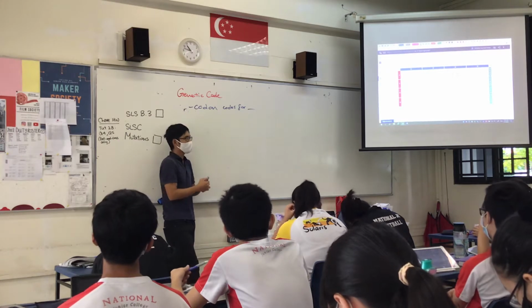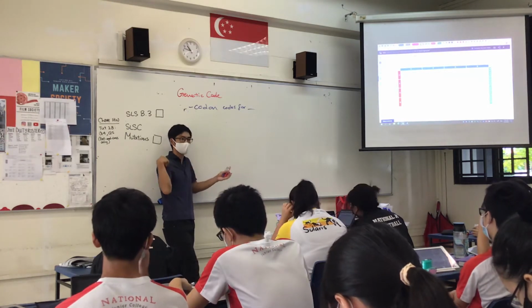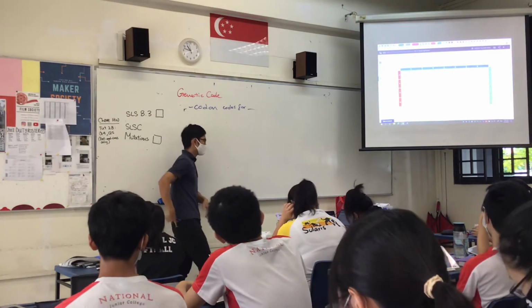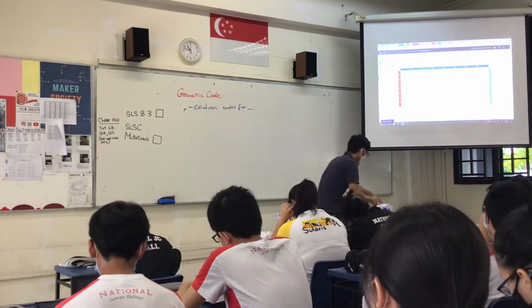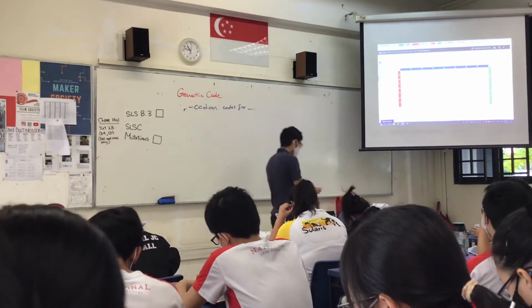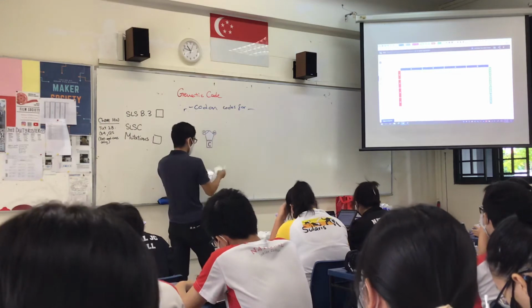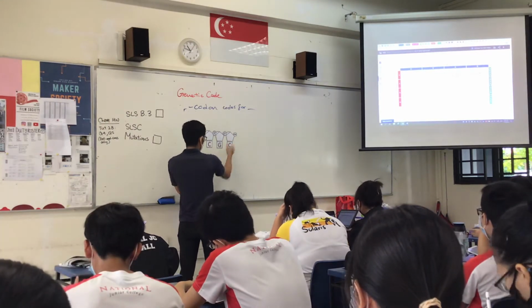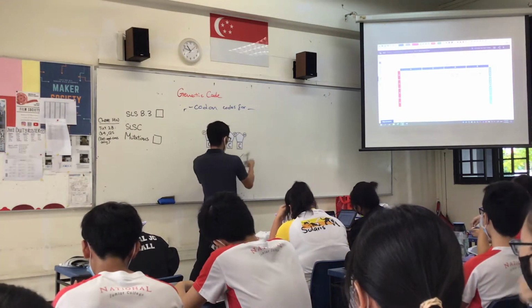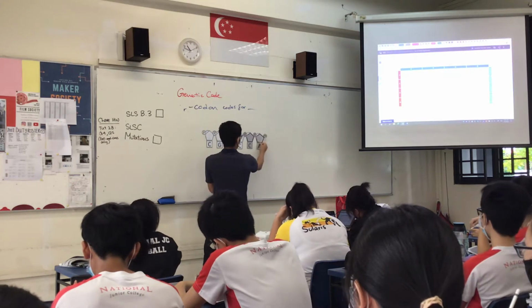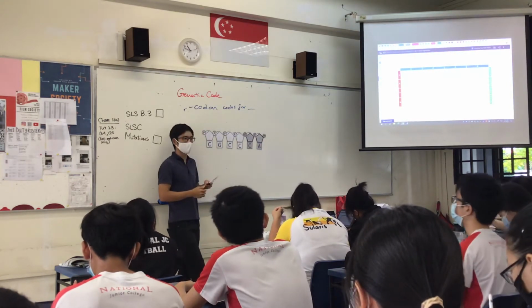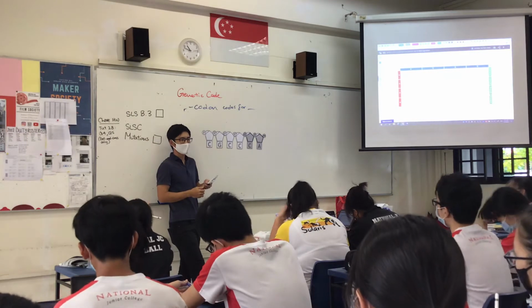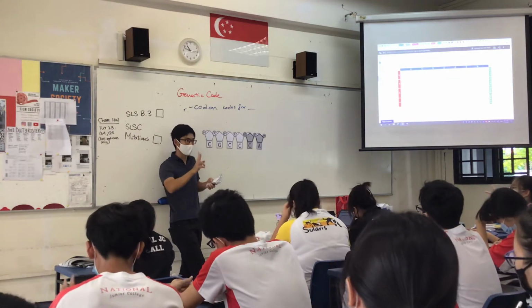Sometimes I may ask you, how many codons are present here? So that's how we can work things out. For example, let's put this on the whiteboard: C, G, C, and C, C, A. If I ask you right now, how many codons do you see? 2 codons, right?